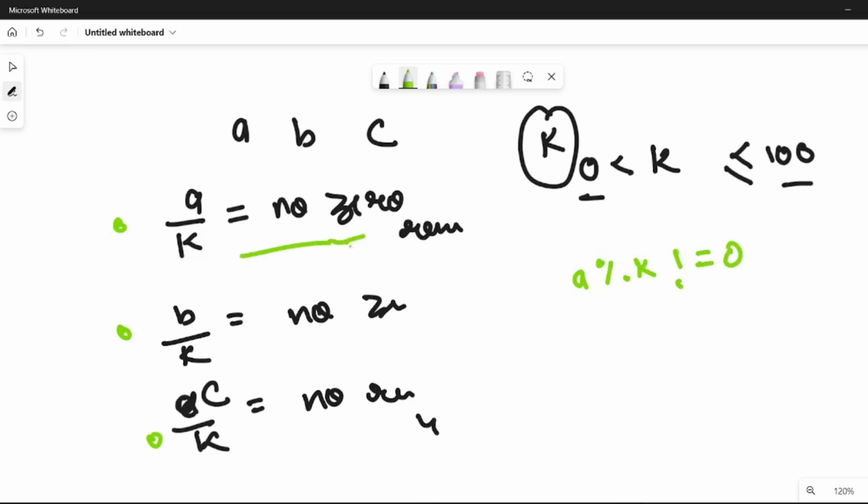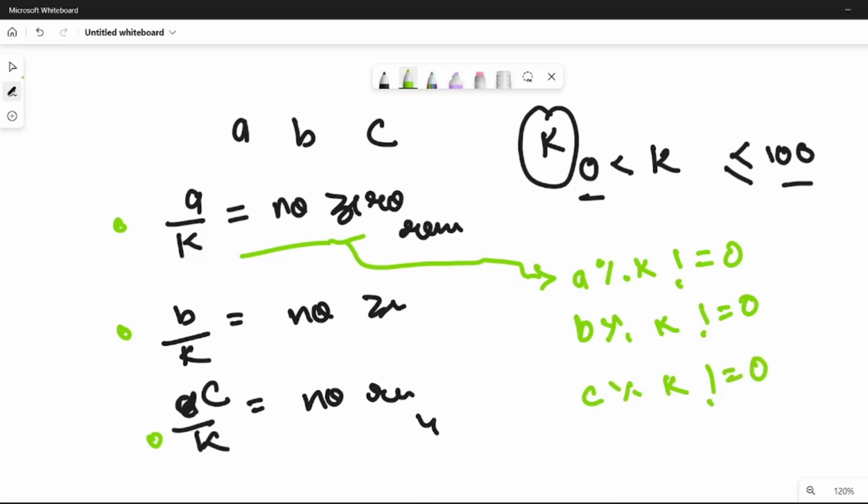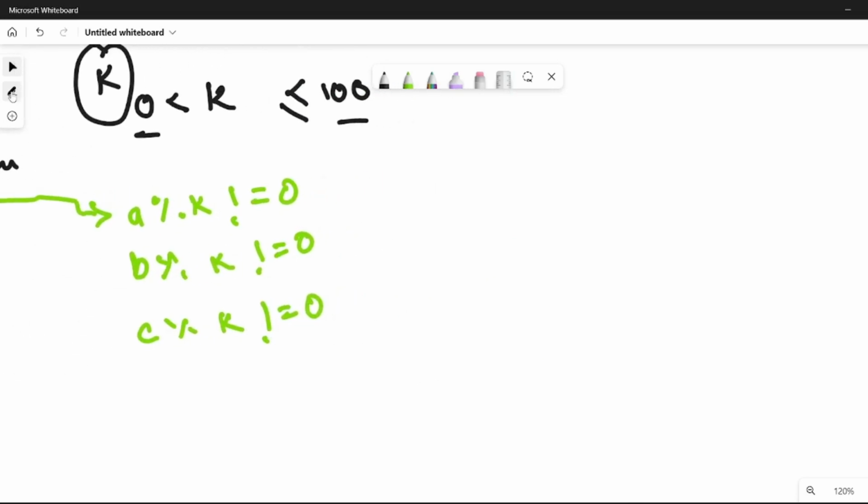This can be written in algebraic form like this, and these two statements can similarly be written as b modulo k is not equal to 0, c modulo k is not equal to 0. I can write these three statements like this, and I know that my k lies between 0 and 100.